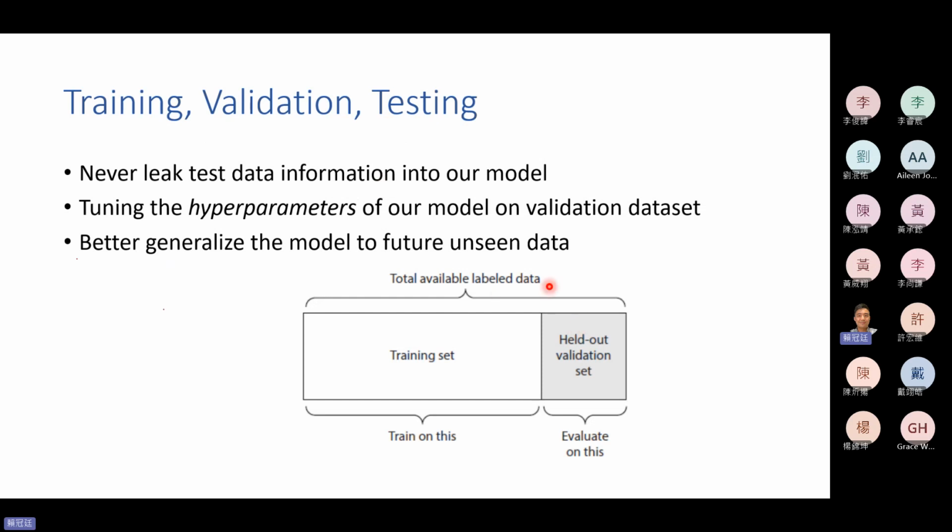We split part of the training data. It's usually called validation data. You should never leak test data information into the model. But we can tune the hyperparameters, like the size of our model or regularization weights, on the validation data set. So it will better generalize the model to future unseen data.